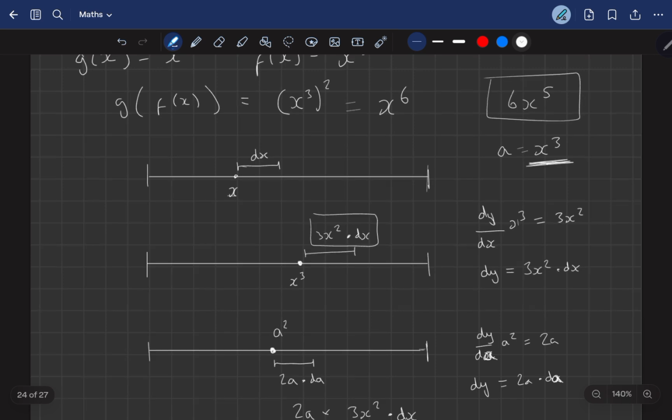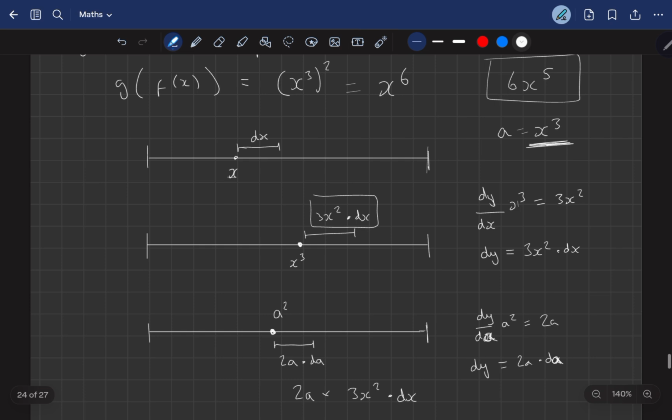I am first seeing what happens to the inside function for a small nudge in x. So what is the change in output of the inside function for a small nudge in x? And we have worked that out to be 3x squared times dx, dx being the slight nudge. Now the outside function is this squared. So what happens for a slight nudge in a?